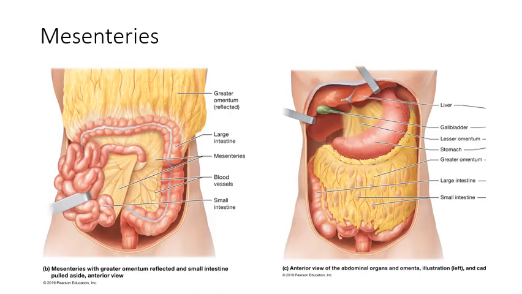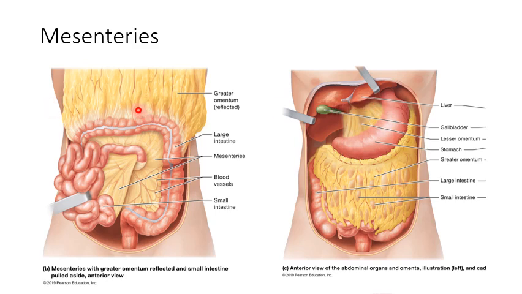So here you can see the mesenteries again. This view is, I guess, unmanipulated, except that the liver is being pulled up. In the front, you can see the greater omentum, and you can see it's pretty fatty for protection for the abdominal organs. And then the liver has been lifted up to reveal the lesser omentum stretching between the stomach and the liver.